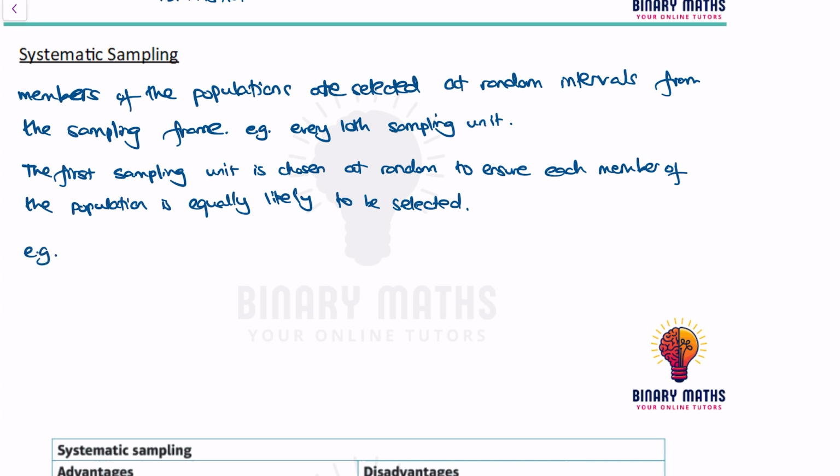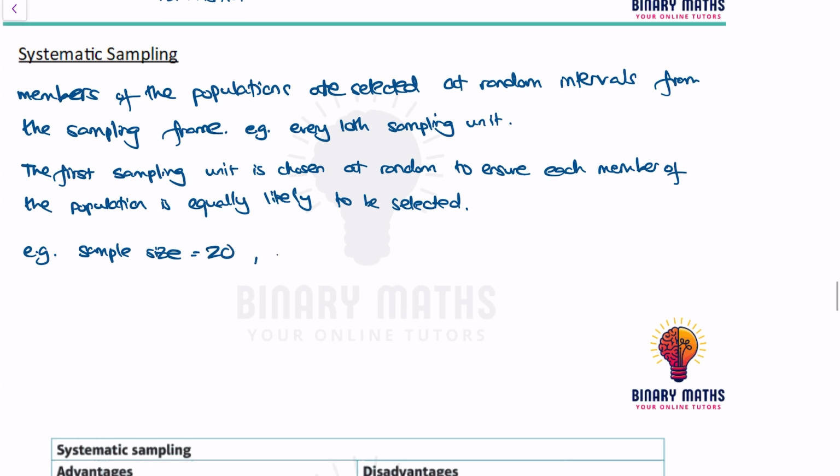E.g., if you have a sample size which is equal to, I don't know, 20, and the population is equal to 1,000 people, then 1,000 divided by 20 is equal to 50.